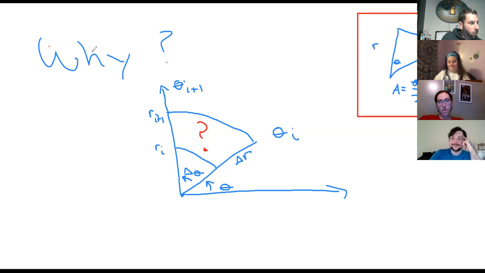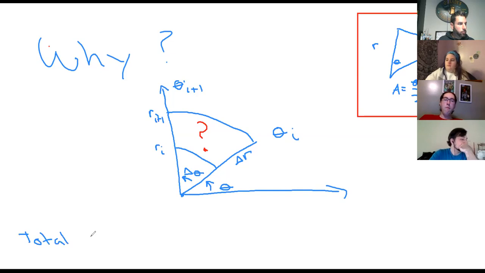So what's the total area? Well, the total area, I'm going to go back to blue. You'd have to measure the distance. What's the radius?